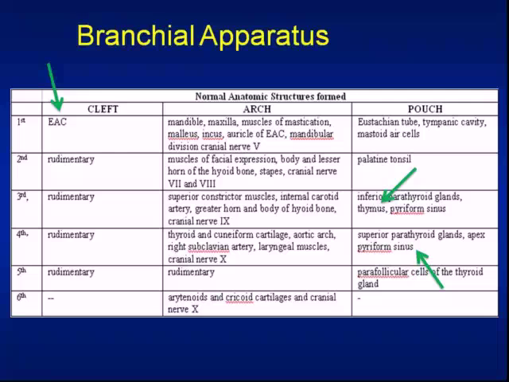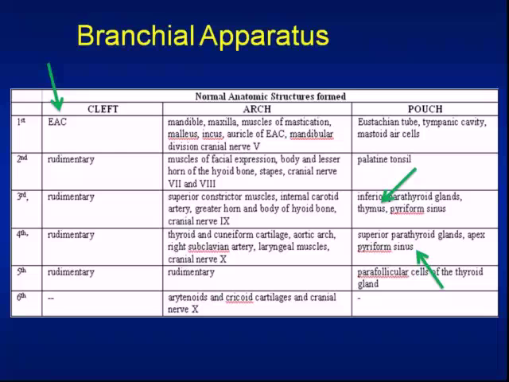Each one has structures potentially that form the adult craniofacial structures. You'll notice that second, third, fourth, fifth clefts are rudimentary. Keep in mind that the first cleft is involved in the EAC formation.